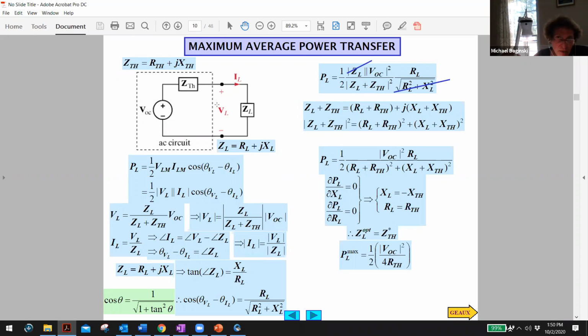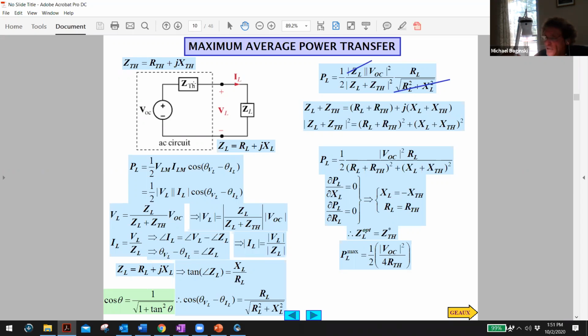There's an equivalent mechanical, and an equivalent in aero, but I'm not going to spend time on it now. If you want the maximum power transferred through a system and you have a voltage that has some equivalent impedance in front of it, and you want to figure out what load would maximize the power transfer to it, the load will be the conjugate of the Thevenin impedance right here.